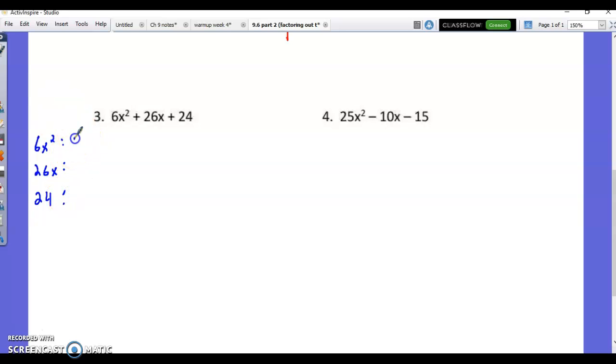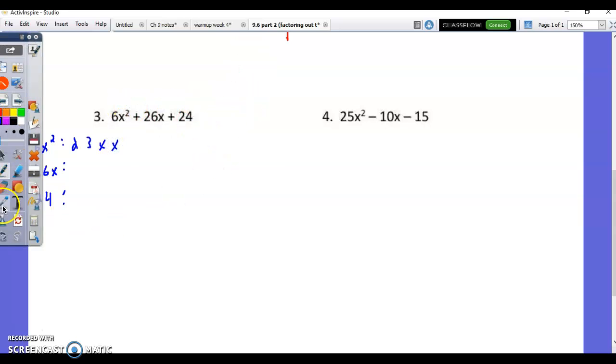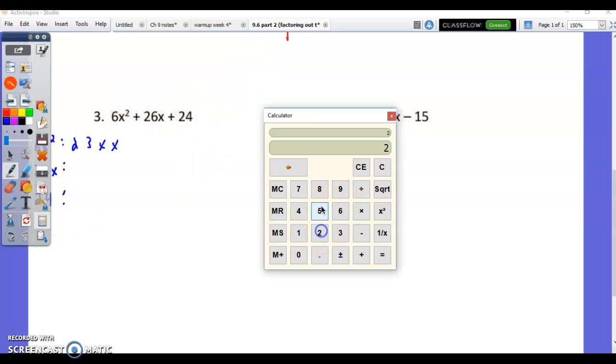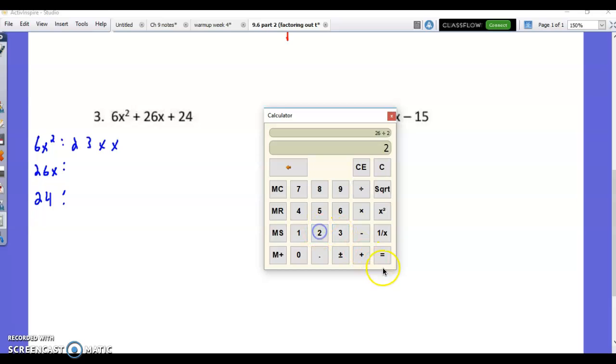Again, the same first step, 2, 3x, x. 26, take out our calculator, 26 divided by 2. 2 and 13, so 2, 13, and an x. 13 is a prime number, so I can't break that down. 24 breaks down to 2 and 12, 2 and 6, 2 and 3. So that's 3 2's and a 3.